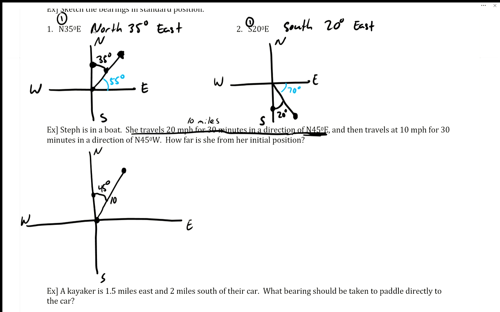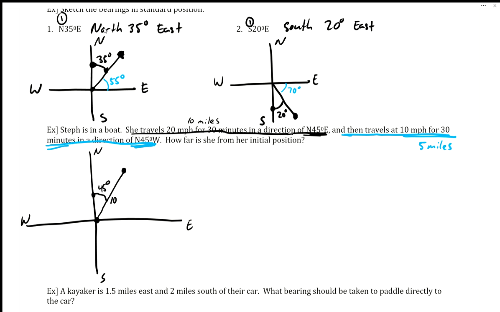Then it says she travels 10 miles per hour for 30 minutes in a direction of north 45 degrees west. Again, careful: 10 miles in 1 hour would mean it's 5 miles in 30 minutes.